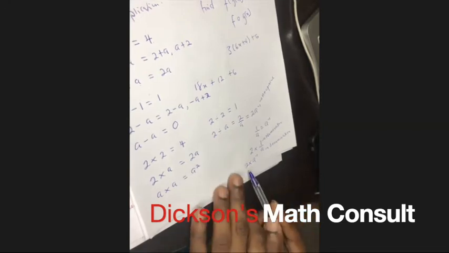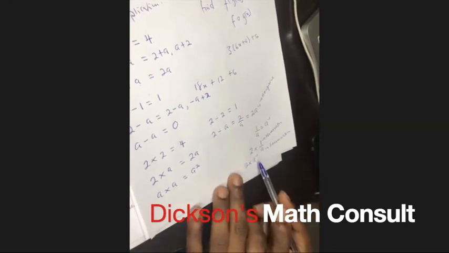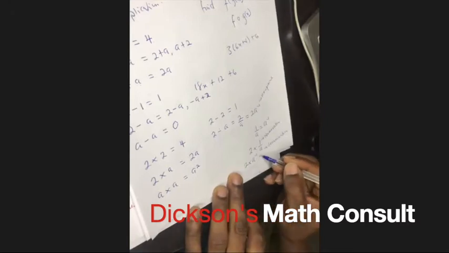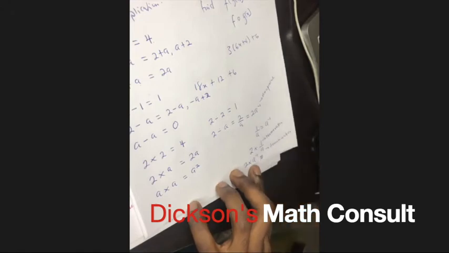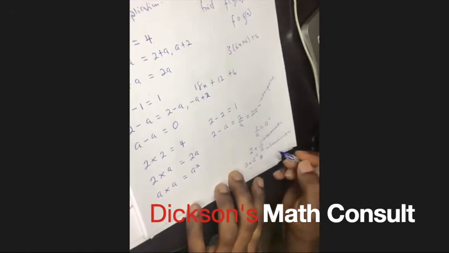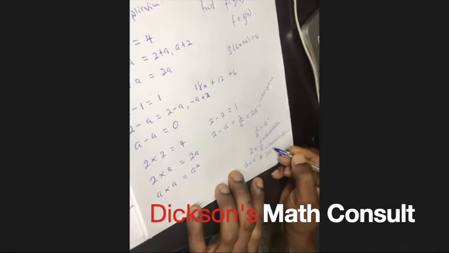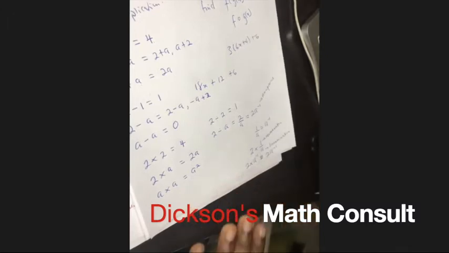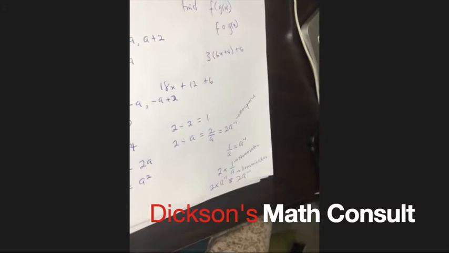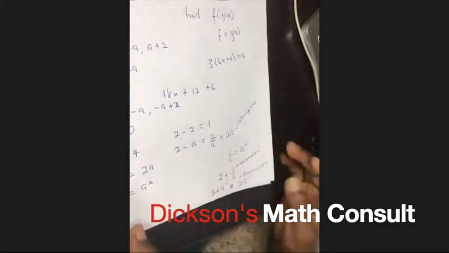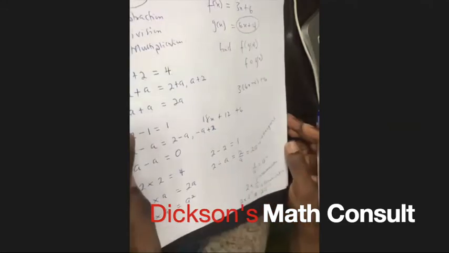So 2 times a raised to the power negative 1 is the same. This is the equivalent sign, something like 3 dashes. It is equivalent to 2a raised to the power negative 1. Do you get it? Yes, sir. Good. So I just want to take you through these basics, elective math stuff.